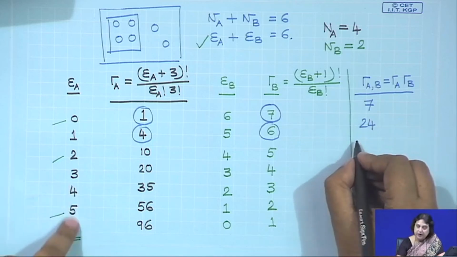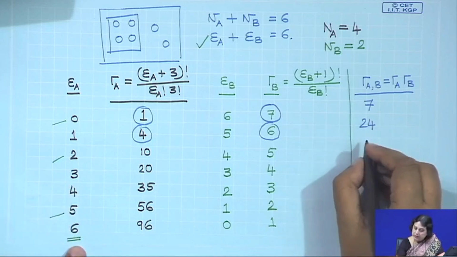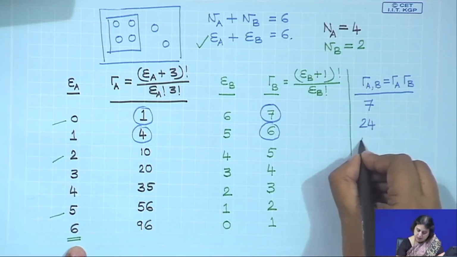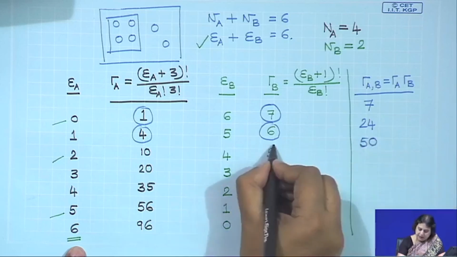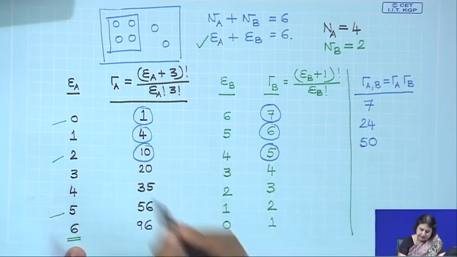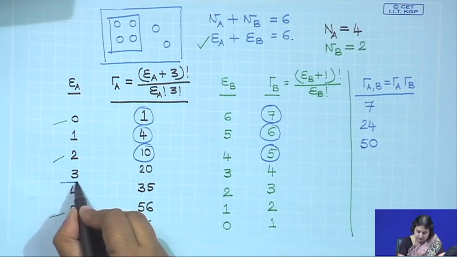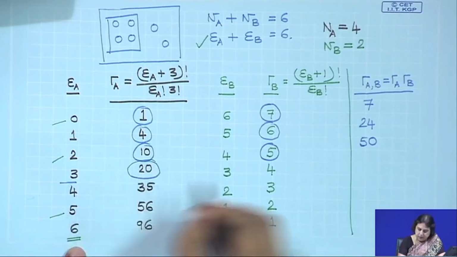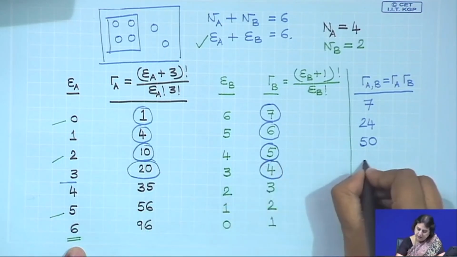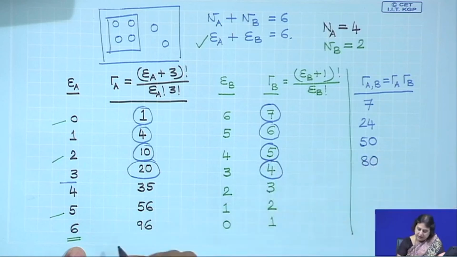Similarly, epsilon A equal to 2 would correspond to a number of 50 obtained by multiplying 5 with 10. For epsilon A equal to 3, I will be multiplying 20 with 4, giving me a total of 80 microscopic states.